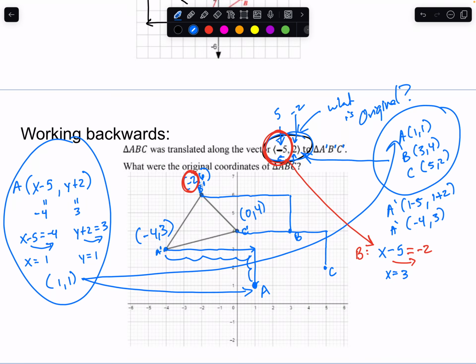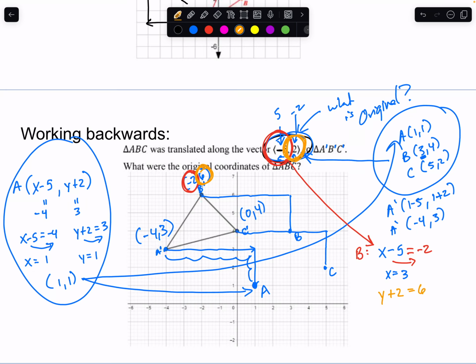That's going to be the x value of the original point. If I want to find the y value, now I've got to focus on the y vector. So the y value, since it's plus 2, I'm going to add y plus 2, and that should give me the location, which is positive 6.